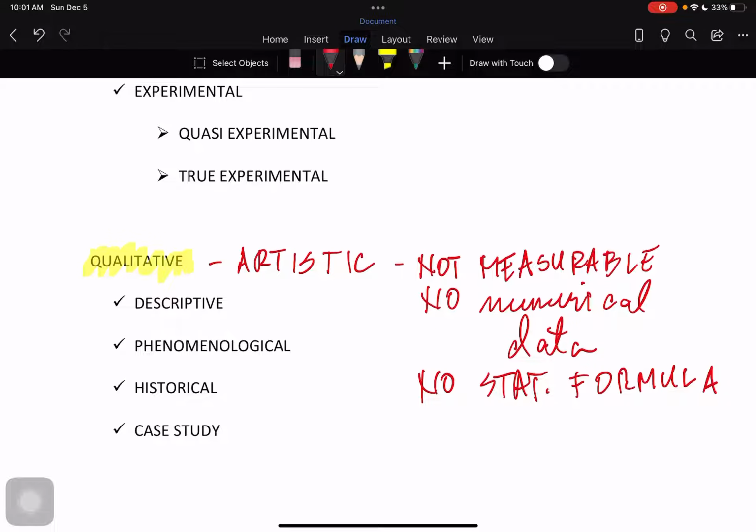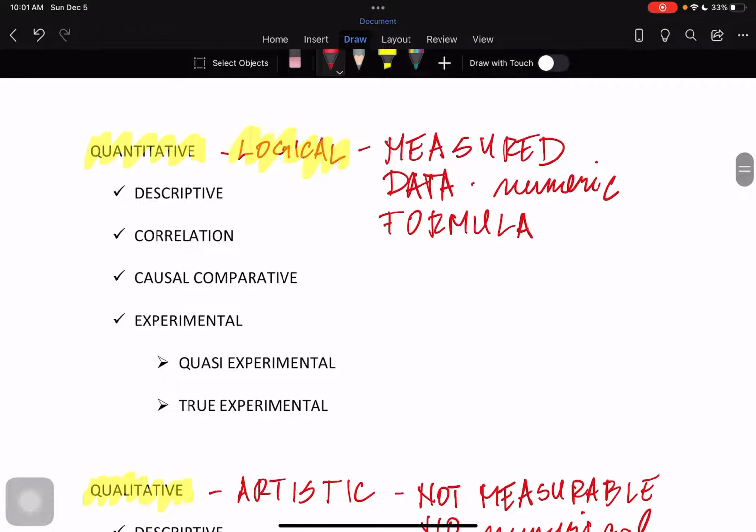It's either you interview someone, you write the experiences of your respondents within the interview, or you can use focus group discussion for a particular group or community. So this is how data is gathered under qualitative, in contrast with quantitative research.